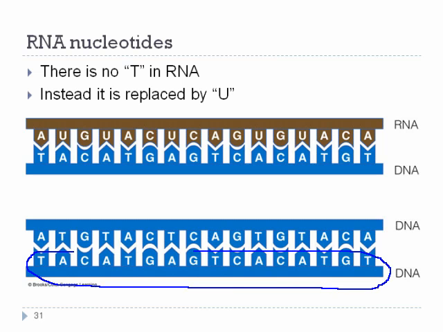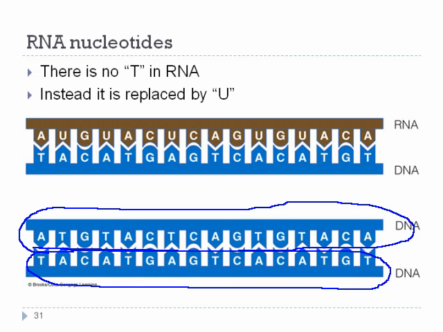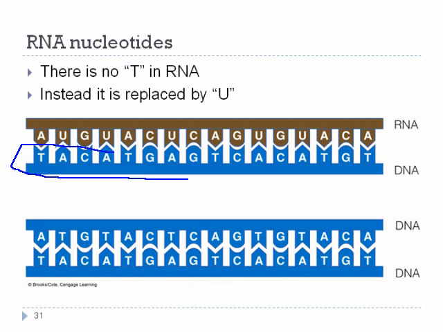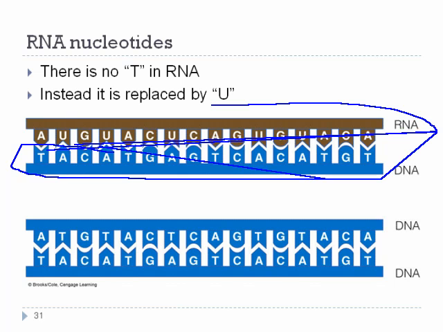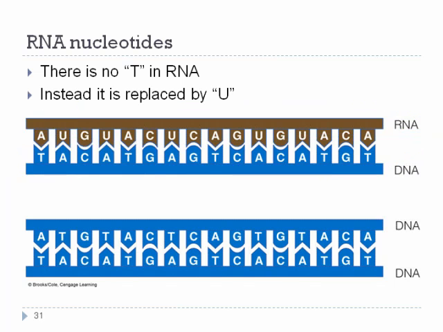So you can either use a DNA template strand to make a copy, DNA replication, or you can use that same DNA template strand to make an RNA. That's transcription.